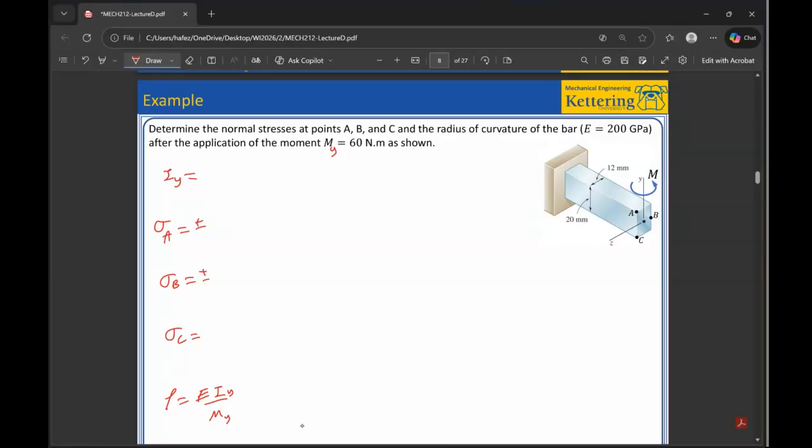So plus minus, plus minus, plus minus, MC over I. Please remember this way, not the one that the textbook gives, MY over I, because Y would depend on the coordinate system that we pick. But MC over I is more general. All right, we said this is all about Y. And C goes with the point.